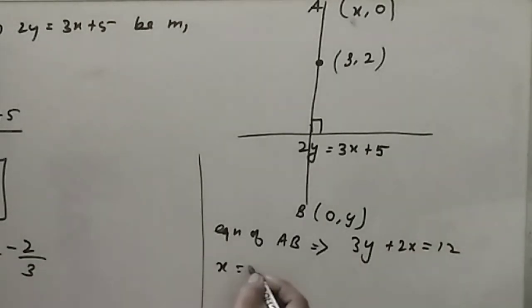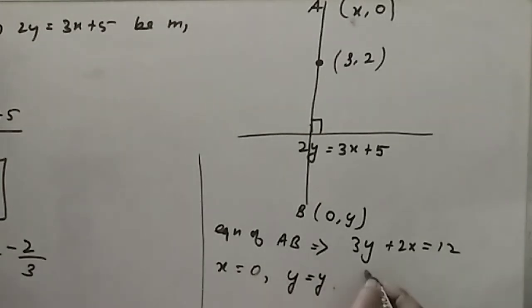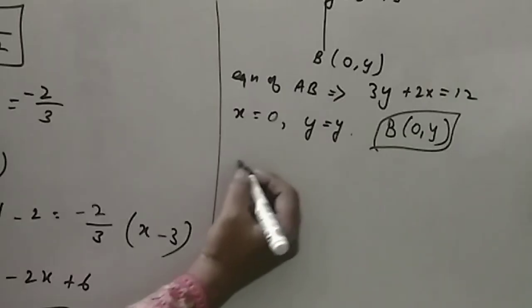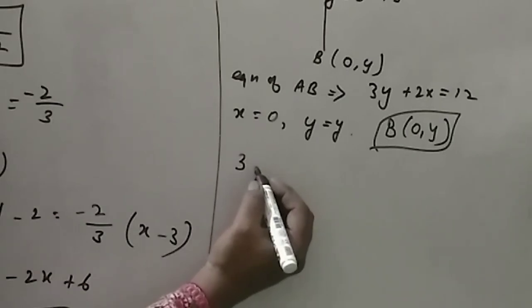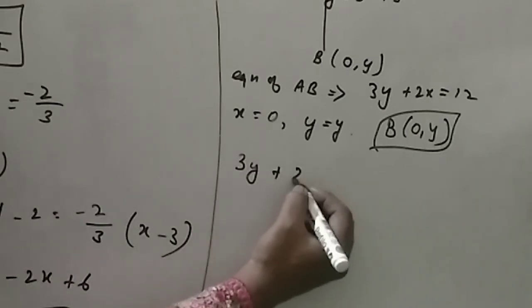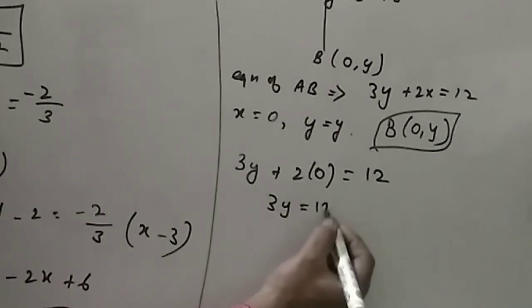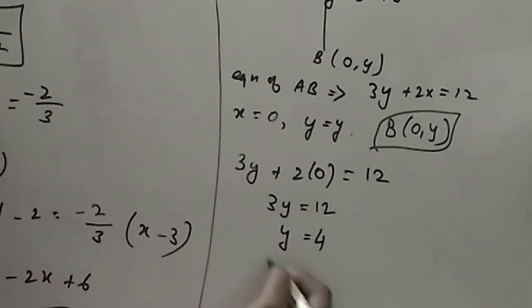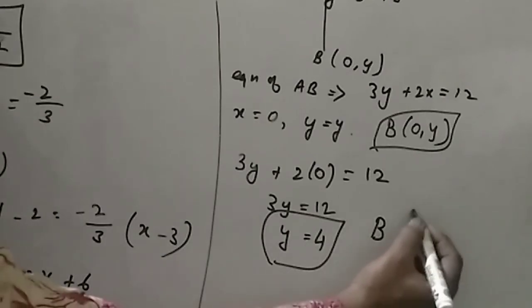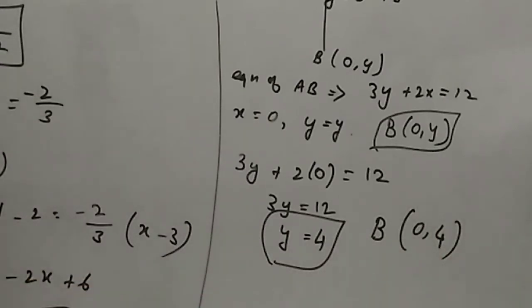Now for B, x is equal to 0 and y is y. So put 3y plus 2 into 0 is equal to 12. So 3y is equal to 12, y is equal to 4. What is the coordinate of B? 0 and 4.